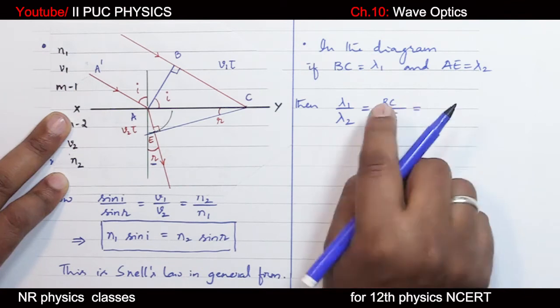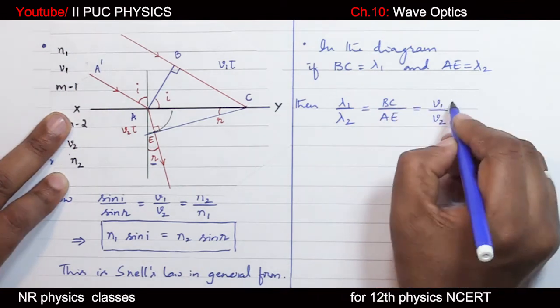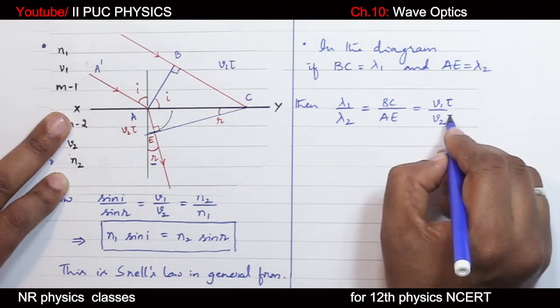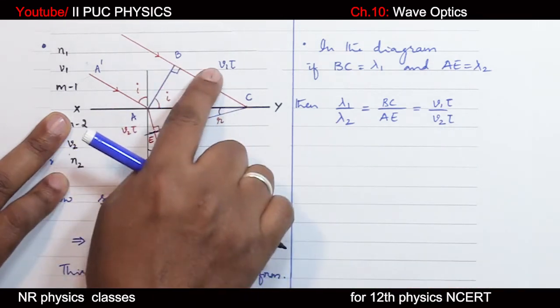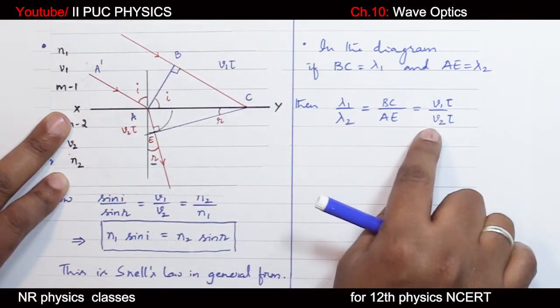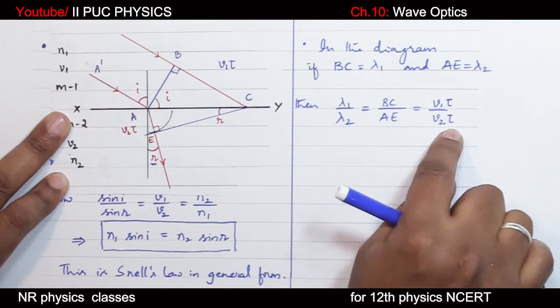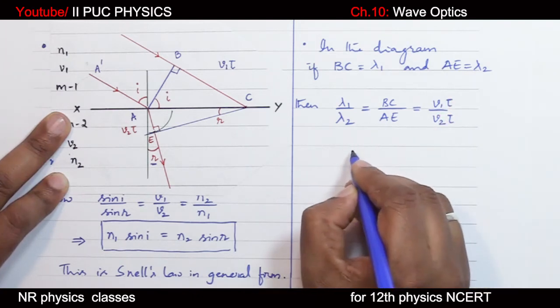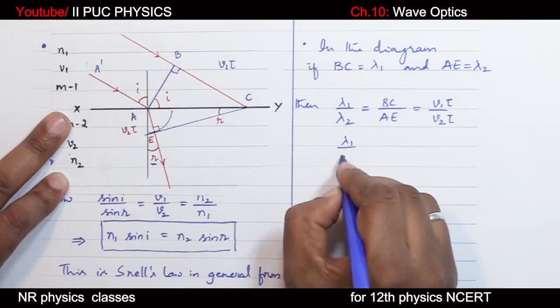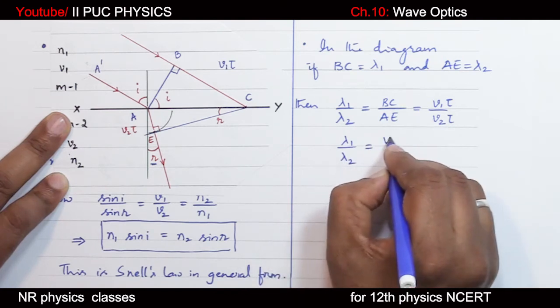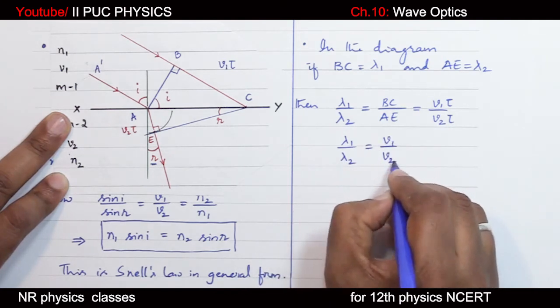And what is BC by AE? V1 tau by V2 tau. BC is V1 tau, this is V2 tau. Tau gets cancelled. Therefore, lambda 1 by lambda 2 equals V1 by V2.